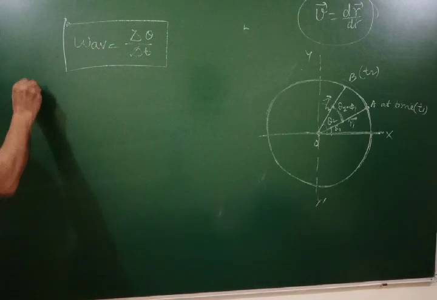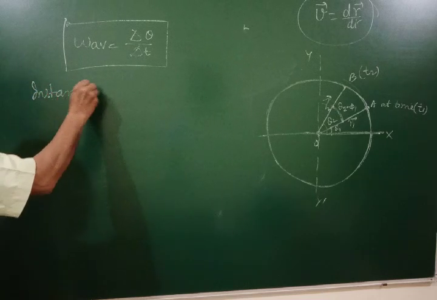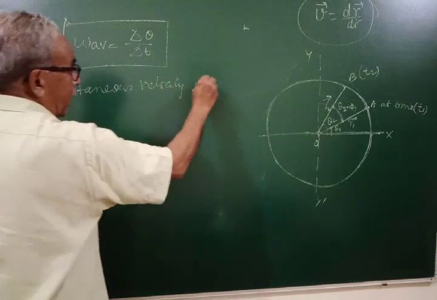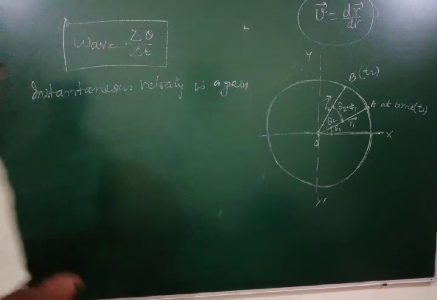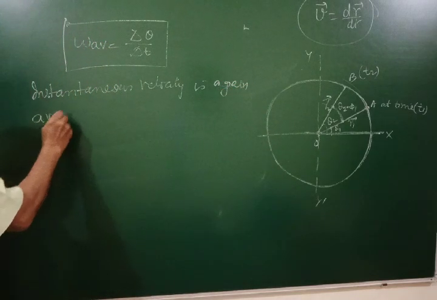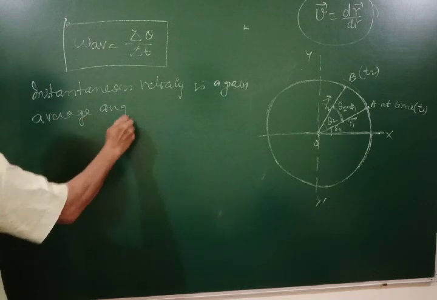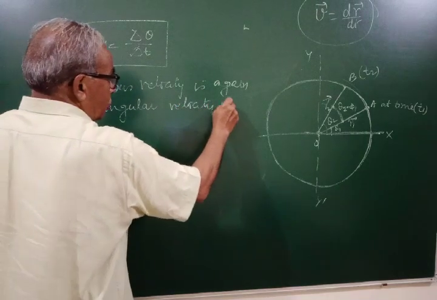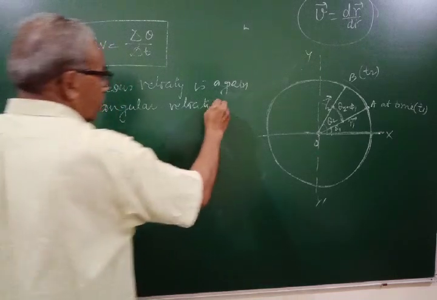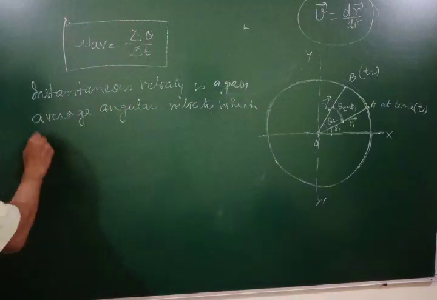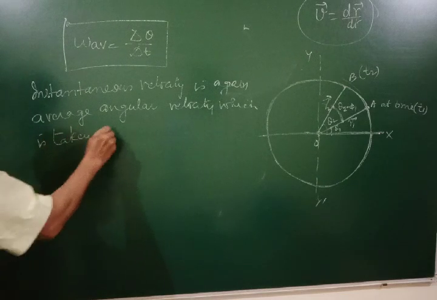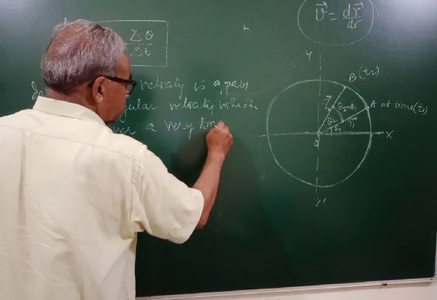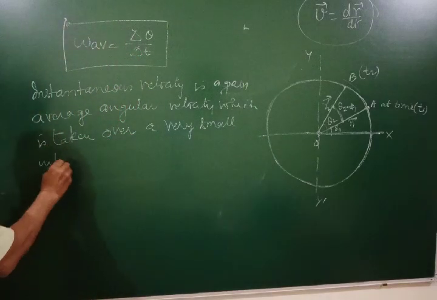What will instantaneous angular velocity be? Instantaneous angular velocity is again the average angular velocity which is taken over a very small interval of time.